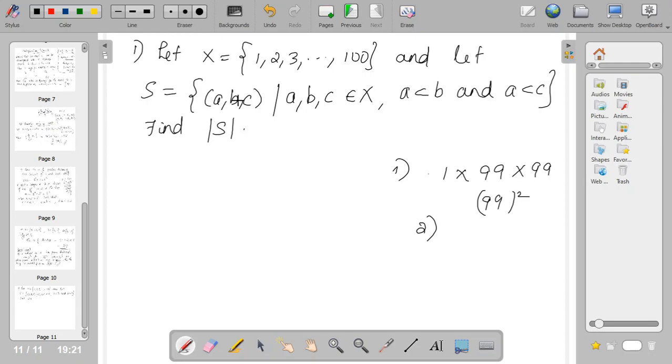Once A takes 2, B and C cannot take the values 1 and 2. So out of the 100 values, 98 values can be taken. B has 98 possible values, and similarly C also has 98 possible values. So when A takes the value 2, A has only one choice, and you have 98 and 98 in the second case.